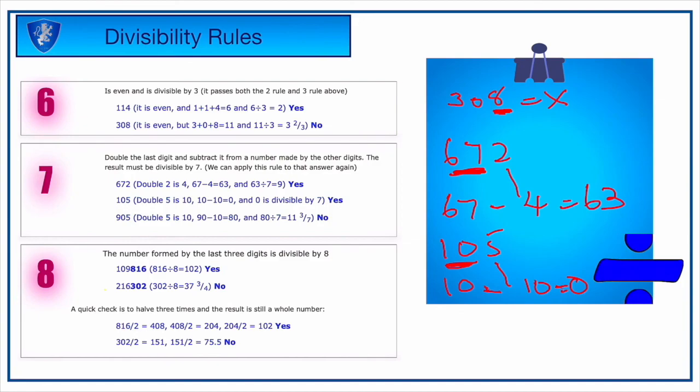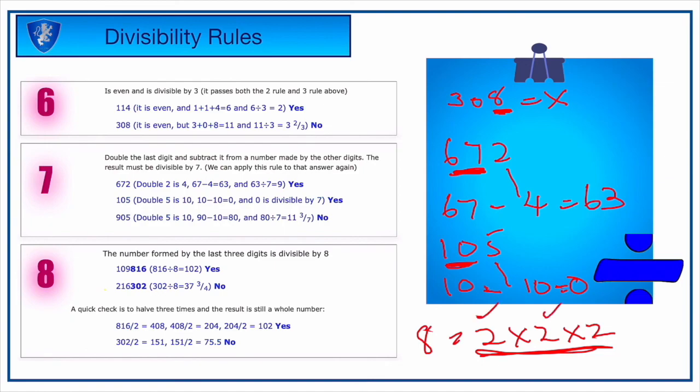Now as a quick check, 8, as you know, is 2 times 2 times 2. If you understand the factors of 8, then if you have a number and you want to test for 8, you can also half it once, half it twice, and half it 3 times.